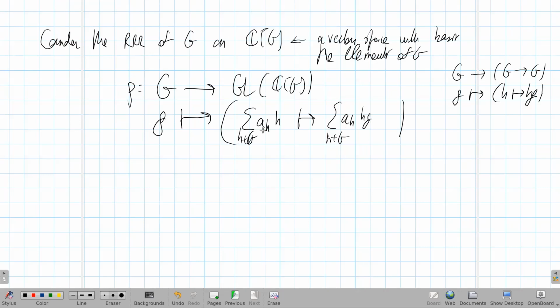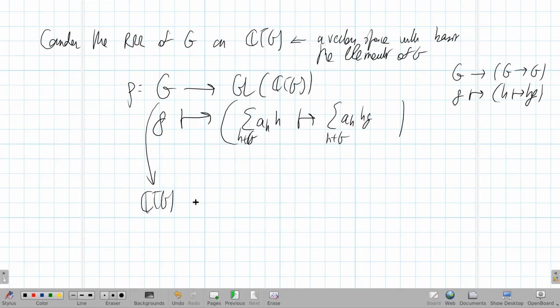What does it mean linearly? That G acts in this way on each H, and so the linear combination acts as the linear combination of the single actions. Now we have a representation from G here, and again the universal property of group algebras tells you that here you have CG.